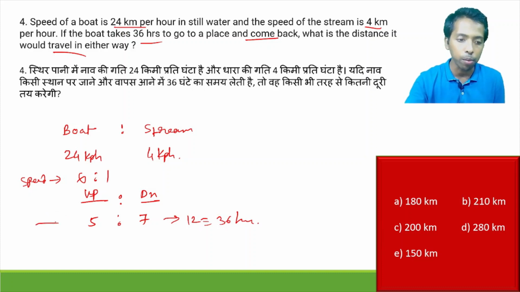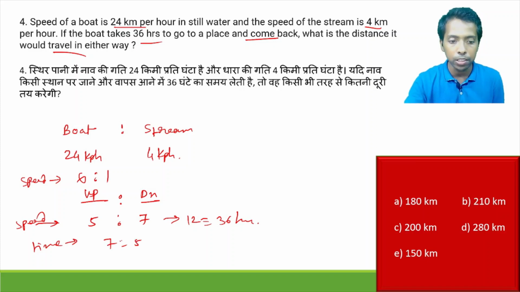This is the speed ratio, but the time ratio would simply reverse the ratio, not changing the sum total, which is 12. So 1 unit is equivalent to 3 hours. The time taken upstream by the boat is 21 hours, and downstream it's 15 hours. Satisfying? 21 plus 15, 36 hours total, right?